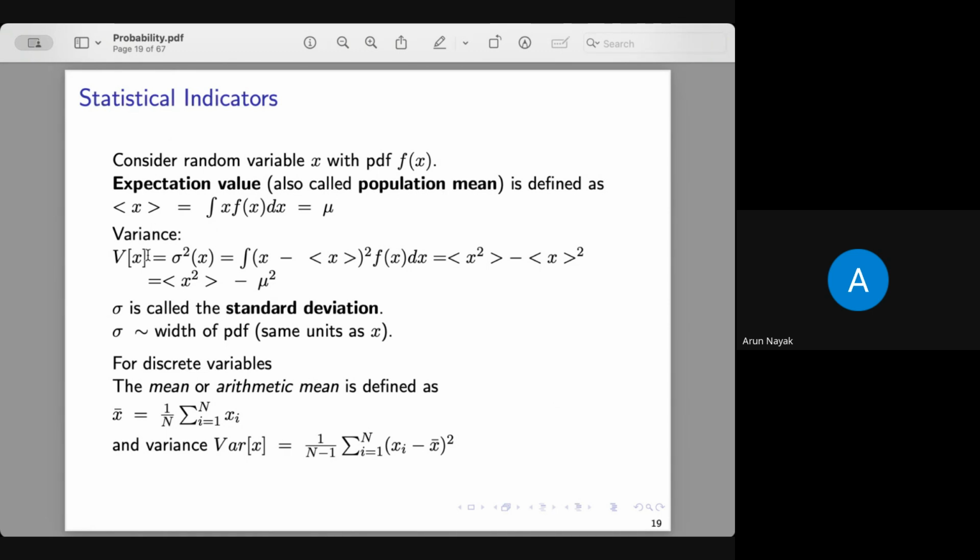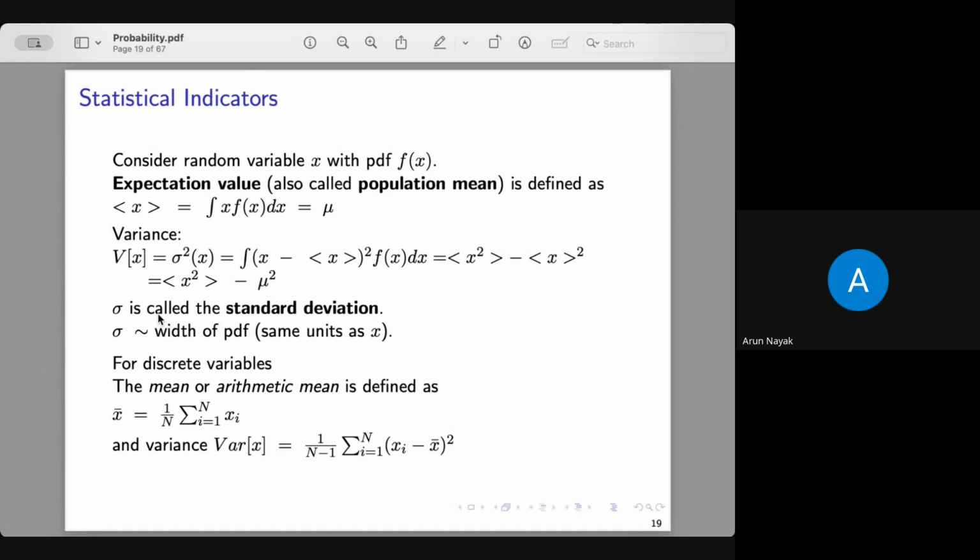The variance, sigma square of x, is the deviation of x over the whole range, defined as the integral of (x minus mean of x) square times f of x dx. That's basically the expectation of x square minus mu square, and sigma we usually call the standard deviation. For a PDF, this is basically the width of the PDF.